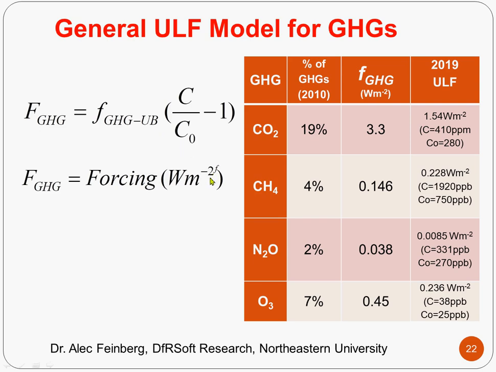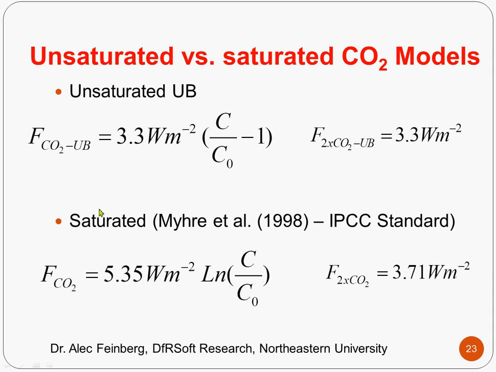All right, so let's look a little bit at the linear forcing model and compare it to the general model that most people use, which is called a saturated model, used mostly as estimates due to Myhre, who came out with this model in 1998. So this is the log model, and this is the linear model by comparison.